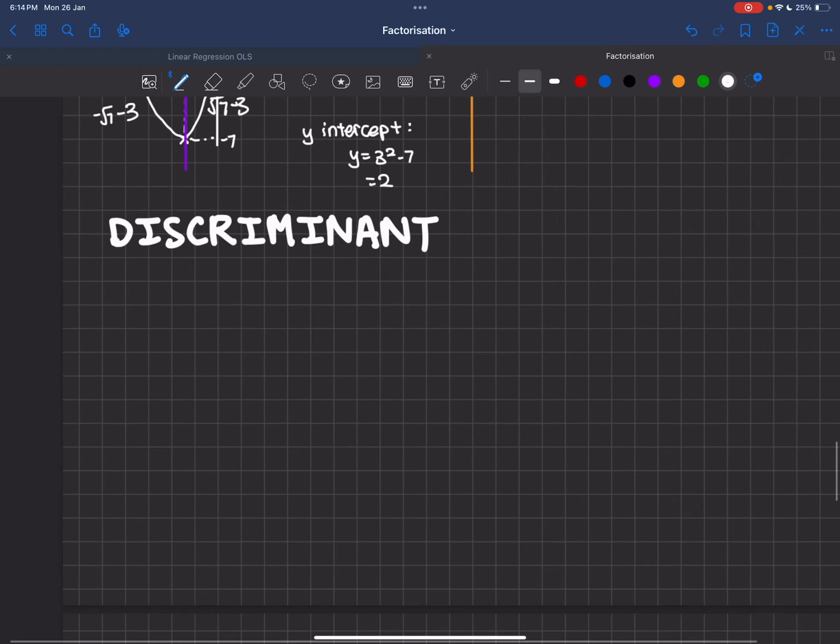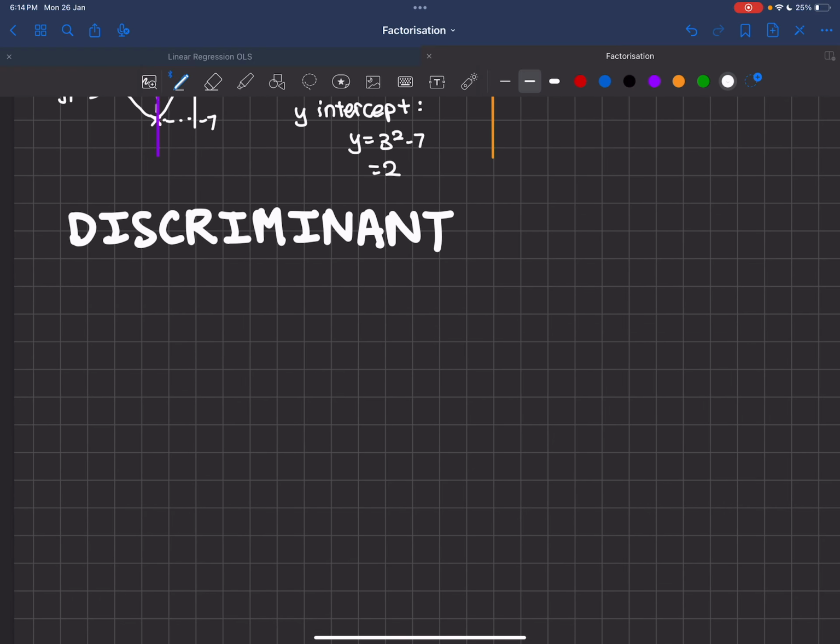Now let's move on to discriminants. So what is a discriminant? It is b squared minus 4ac. Does this sound familiar? Well, it's because we used it just now in this formula, right? Quadratic formula.